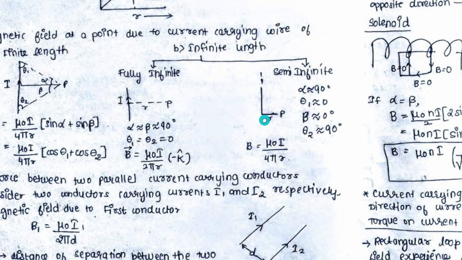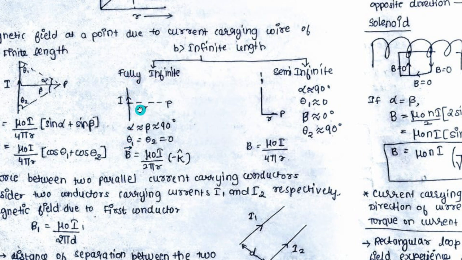Now, if I come to a current carrying wire of infinite length, it can be fully infinite or semi-infinite. Fully infinite means it is infinite from both ends, that is the top end and the bottom end.